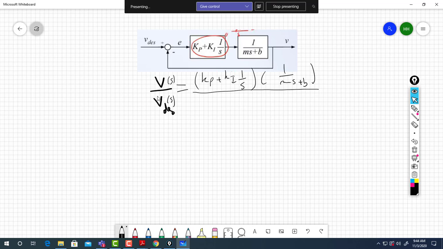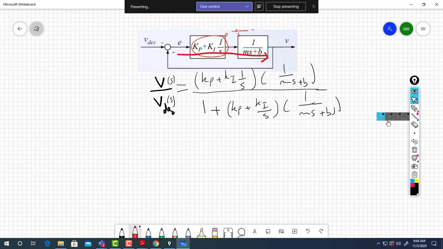Over 1 plus the numerator. Okay, so as Rami said, this is the forward over 1 plus loop, right? So now you know it.